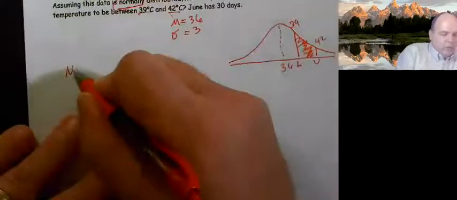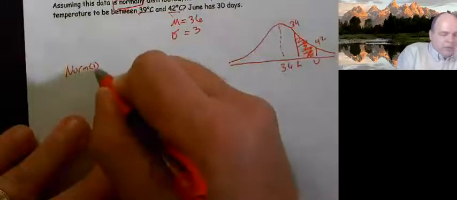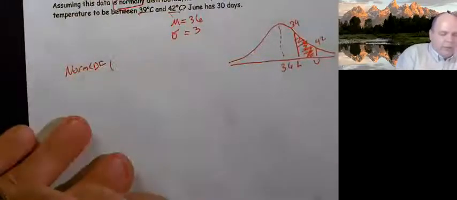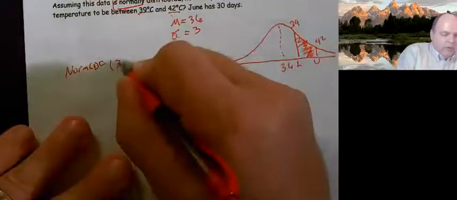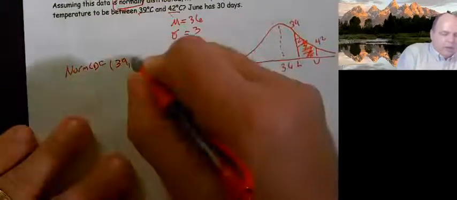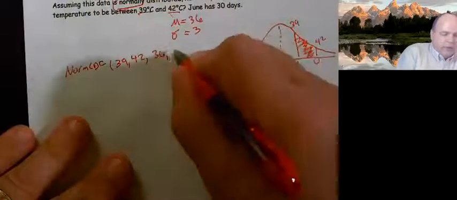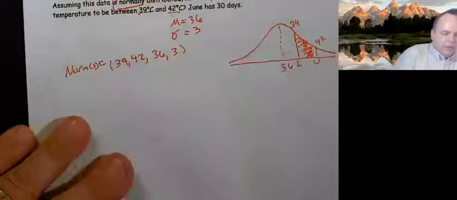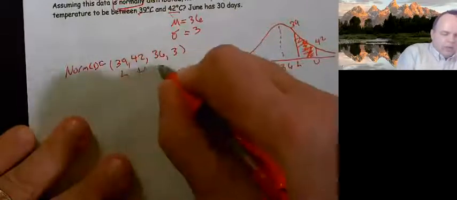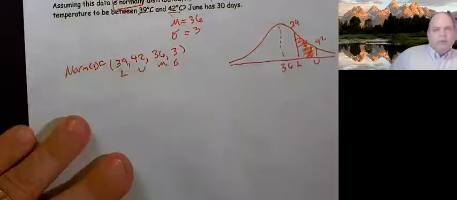So I have a norm CDF of 39, 42, mean 36, standard deviation of 3. So lower, upper, mean, standard deviation.